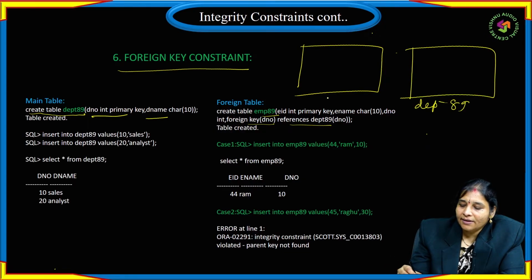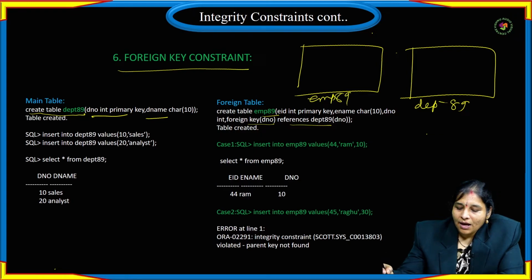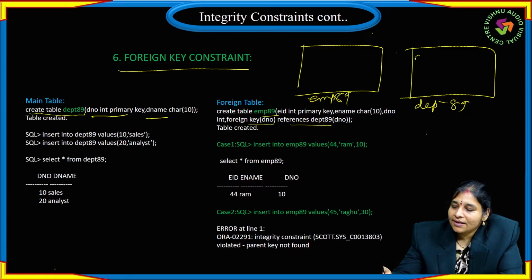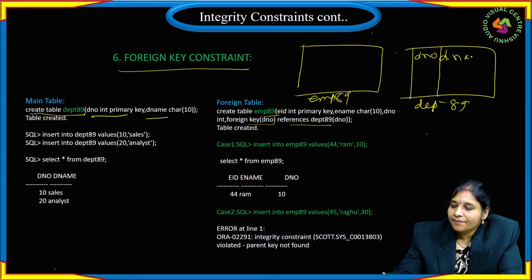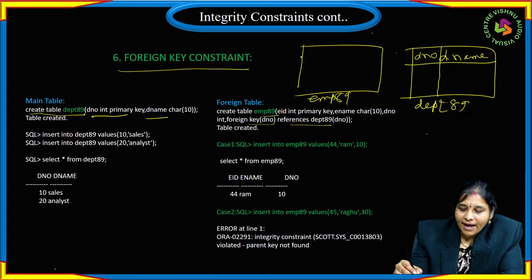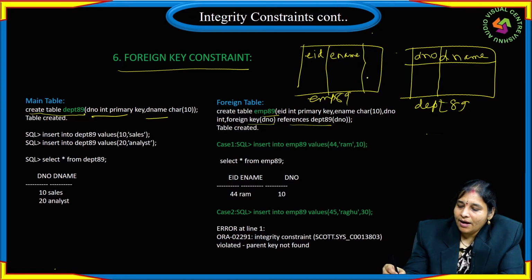Department 89 has D number and D name. And Employee 89 has fields EID, E-name and D number.